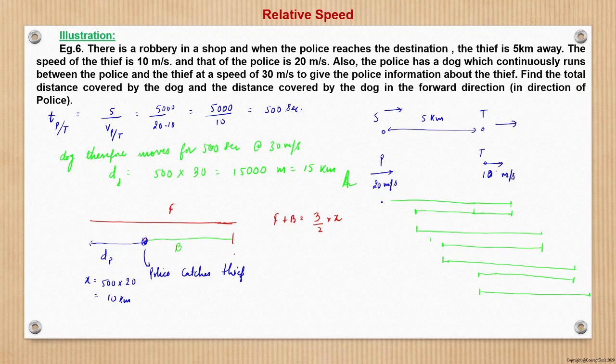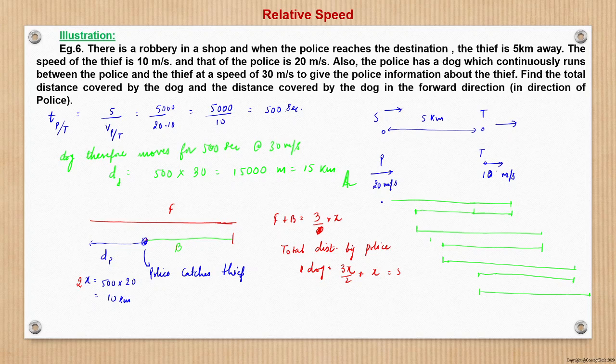So therefore the total distance by police and dog is 3x by 2 plus x, right? Sorry, let it be 2x. Police covers 2x, then the dog will cover 3x, right?